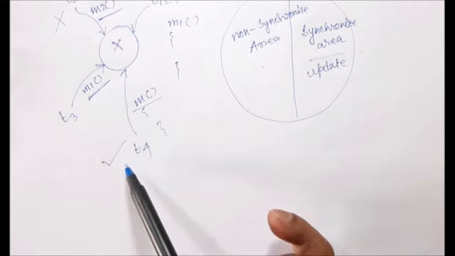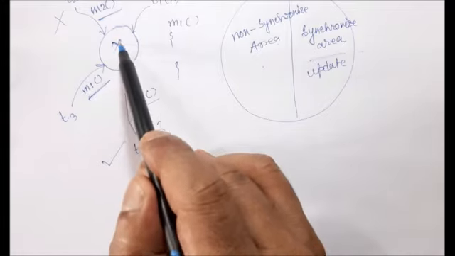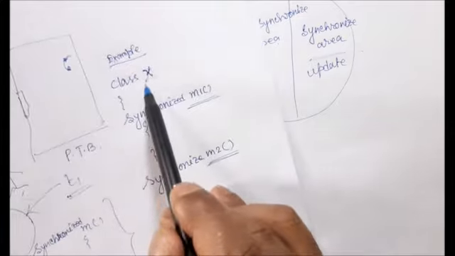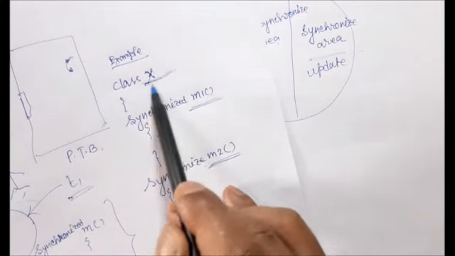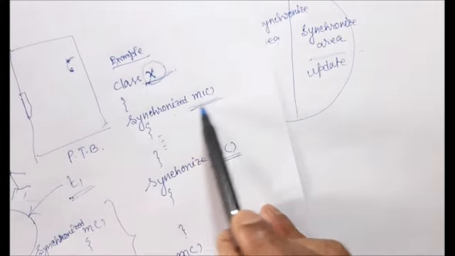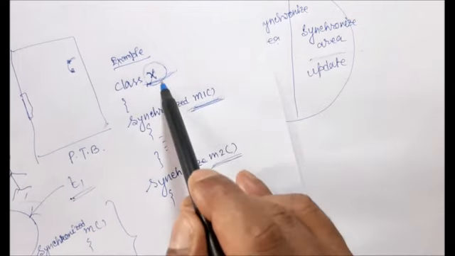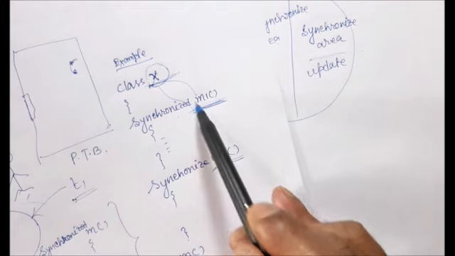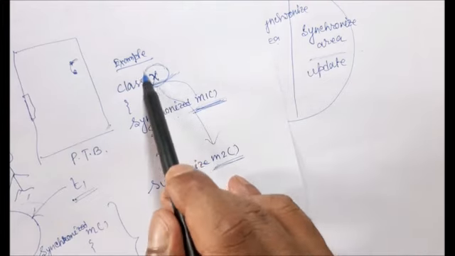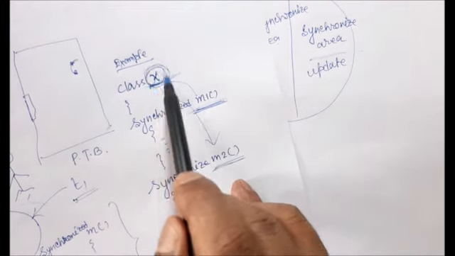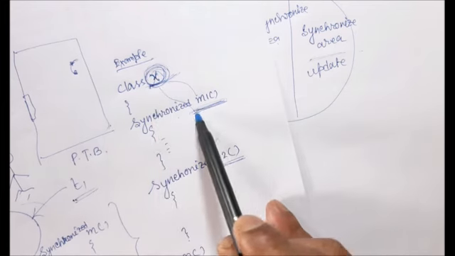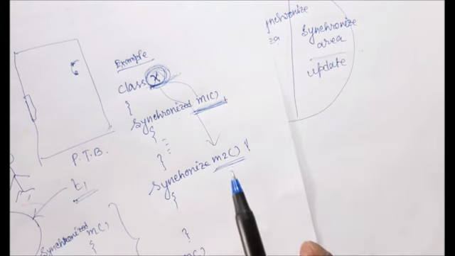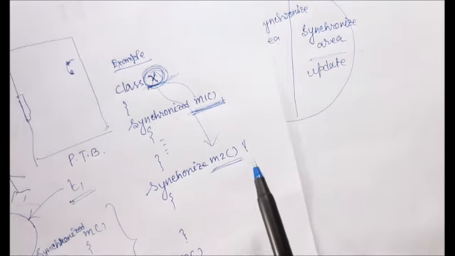But with the same object, for example in this example we have only one class, and these methods belong to this object. So M1, M2, those synchronized methods belong to the object of class X. If I want to call M1 or M2 at a time, we can only access one synchronized method.